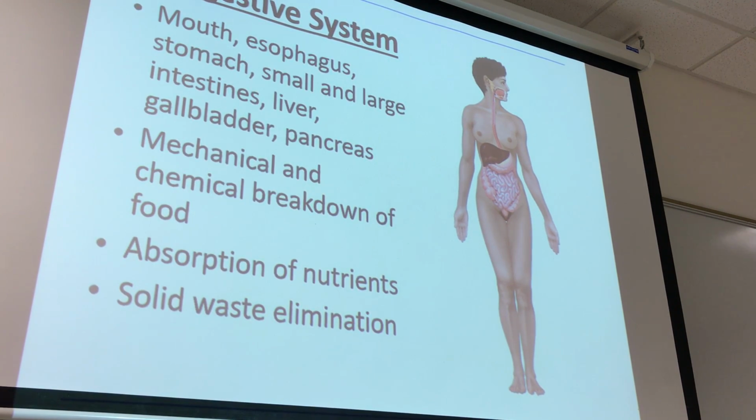It produces and releases what? Bile, right? The liver produces a substance called bile. We store it in the gallbladder, and then as food enters into our small intestine, the gallbladder releases it, and bile breaks down fat. So the more fatty the food that you eat, the more bile you're going to produce and release. Everybody good with the organs of the digestive system?